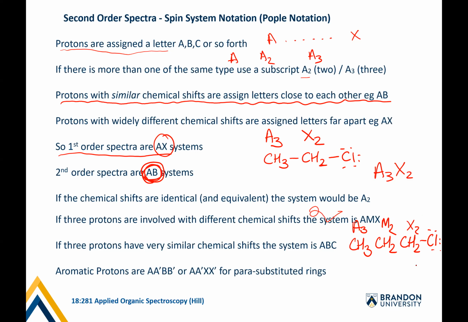But if you have a long chain where they're starting to merge into one, then you could have an AB sort of ABC system where they're all very similar.